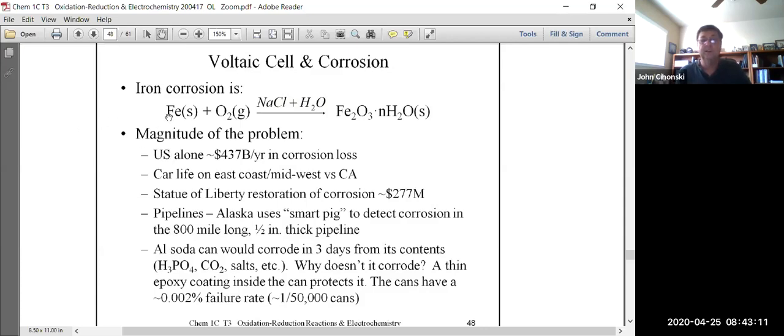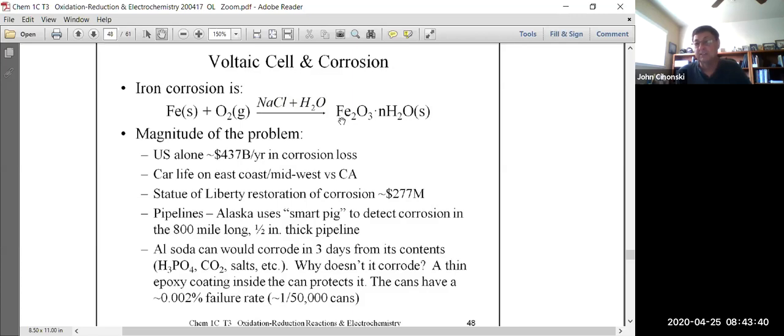So from the battery perspective, iron is going to a cation, so that is our anode. Elemental oxygen is going to oxide, so that is our cathode. The salt is our electrolyte, and water is our solvent.